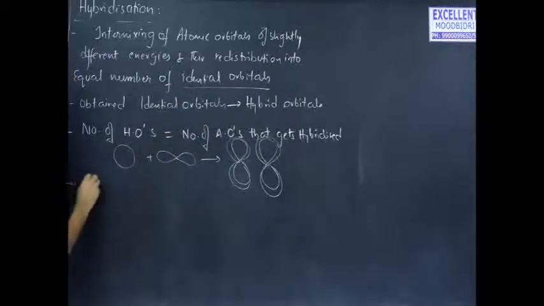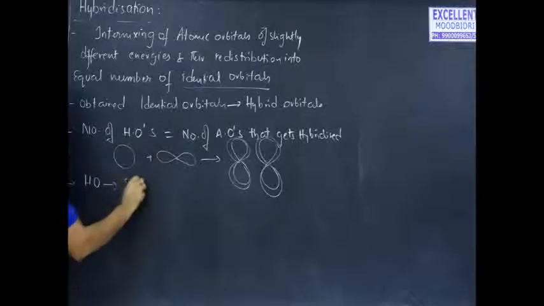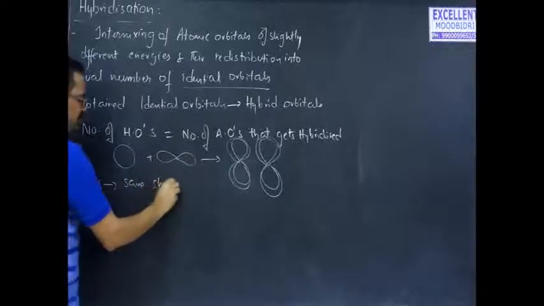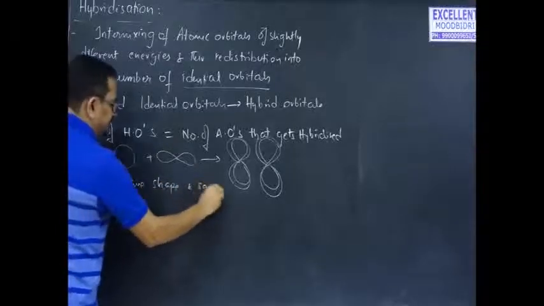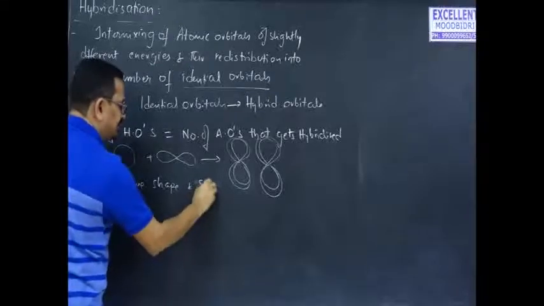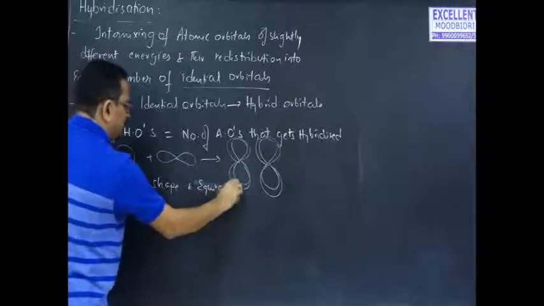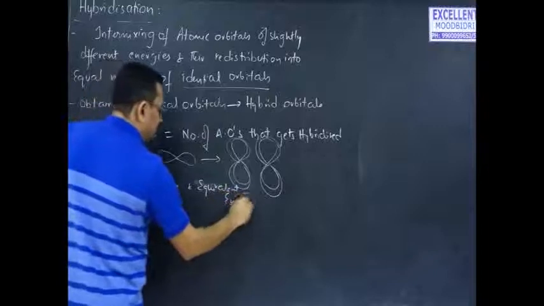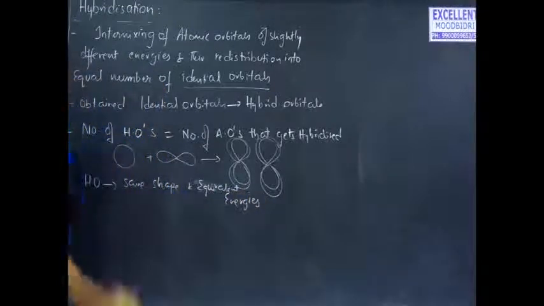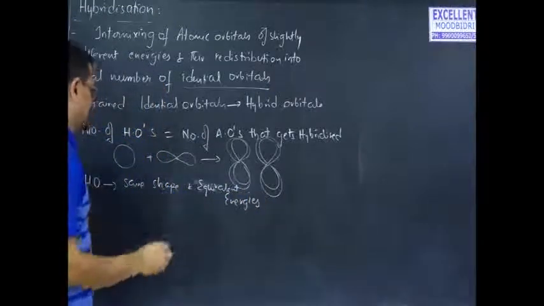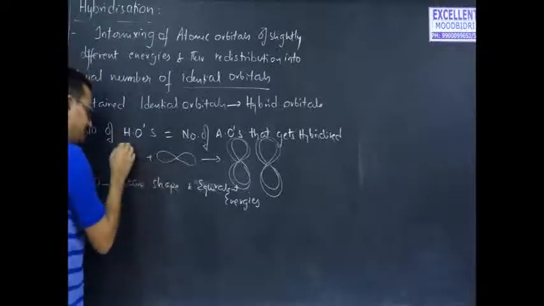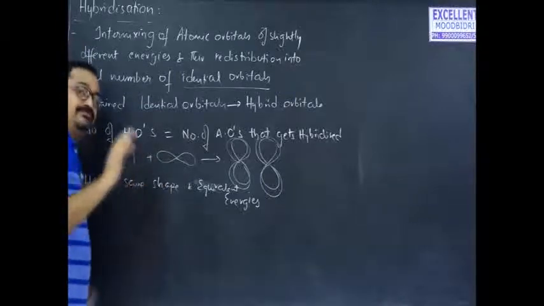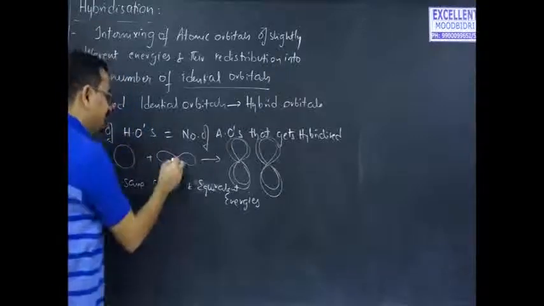Hybrid orbitals possess the same shape and the same, equivalent energy. Equivalent energies is a better word. They are equivalent in all aspects. See here, before hybridization, this is an s orbital. It is spherically symmetric. This is a p orbital.